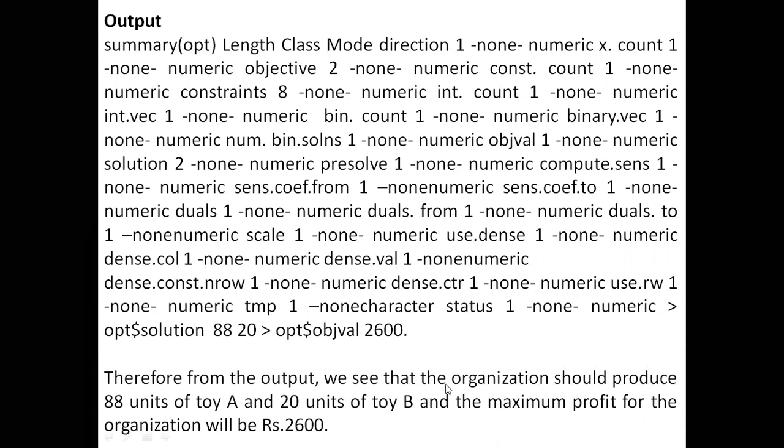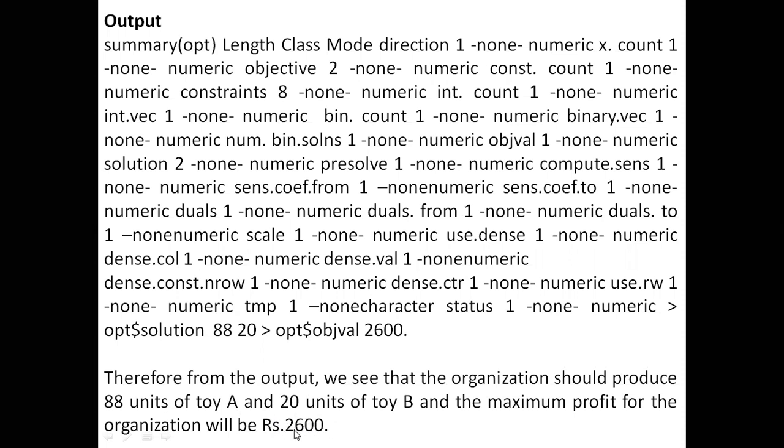In that, the organization should use 88 units of toy A and 20 units of toy B, and will obtain a maximum profit of 2600 rupees.